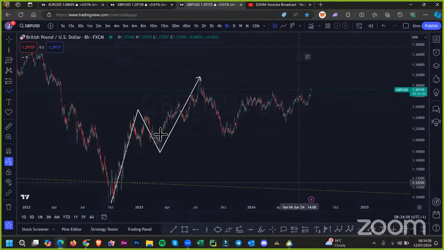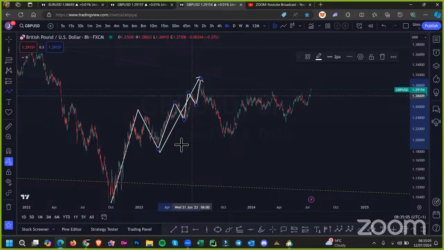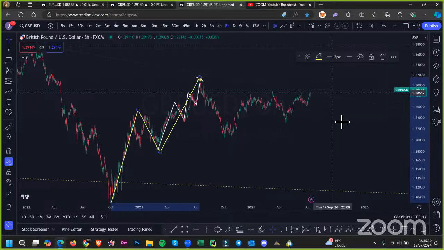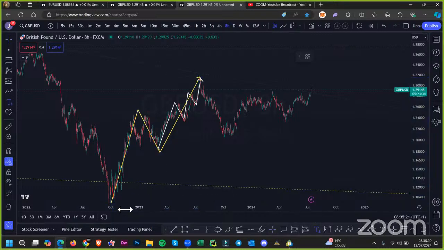I want to also show you right in here. Can you see this? This would be internal structure within this bigger push. If I make this a different color, you can see that within that push we've got this internal structure. All of this energy here is trading within. Let me put some letters to it.